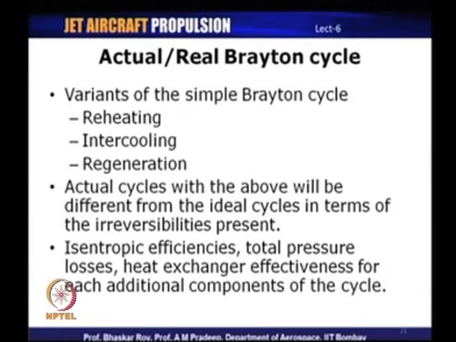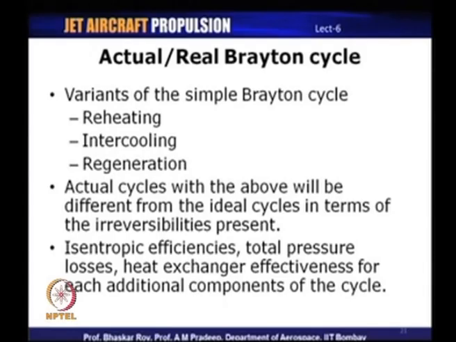Similarly, the isentropic efficiencies of individual stages of either reheating or intercooling, and the heat exchanger effectiveness, are different parameters which will come into the picture when we have actual Brayton cycles which have some of these variants, that is intercooling or reheat or regeneration, which are put in.